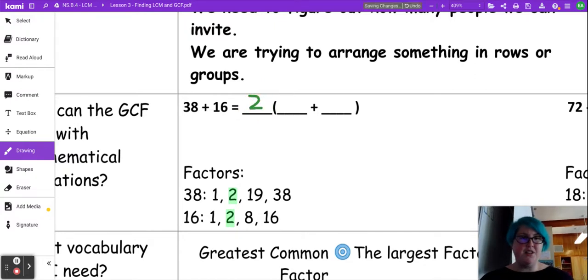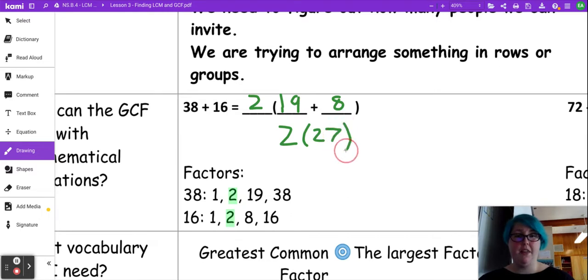Well, now we can use the distributive property, and we know that 38 divided by 2 is 19, and 2 times 8 is 16. So then the problem becomes 2 times 27, and that might actually be easier to do mental math because you're just adding the same thing, and so you get to the answer 54.